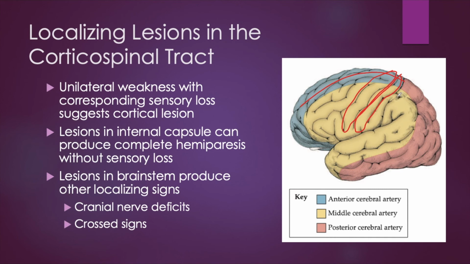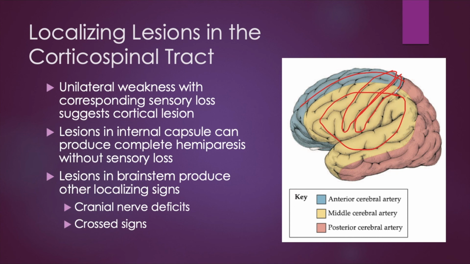The middle cerebral artery supplies the lateral convexity, so strokes there cause contralateral face and arm weakness and sensory loss. Because the surface area of the primary motor cortex is relatively large and is supplied by both the ACA and MCA, complete hemiparesis of the face, the arm, and the leg is less likely to be due to cortical lesions than lesions elsewhere in the corticospinal tract.